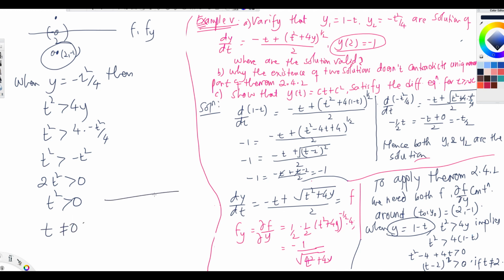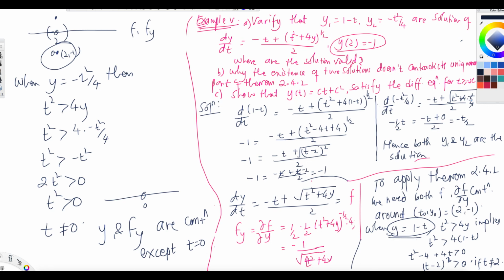That means 0 is here, right? And for this one, f and f sub y are continuous everywhere except at t equals 0. But theorem 2.4.2 says that we need both f and del f over del y, or f sub y, continuous around the initial point.